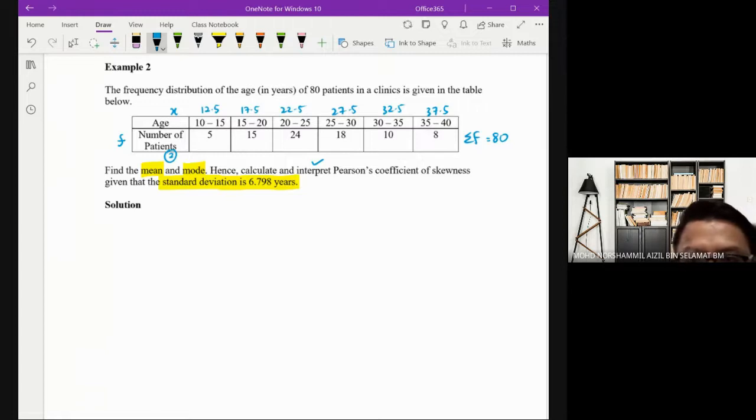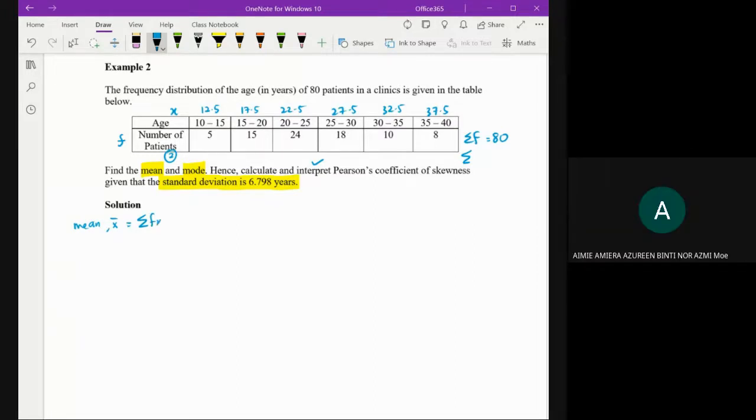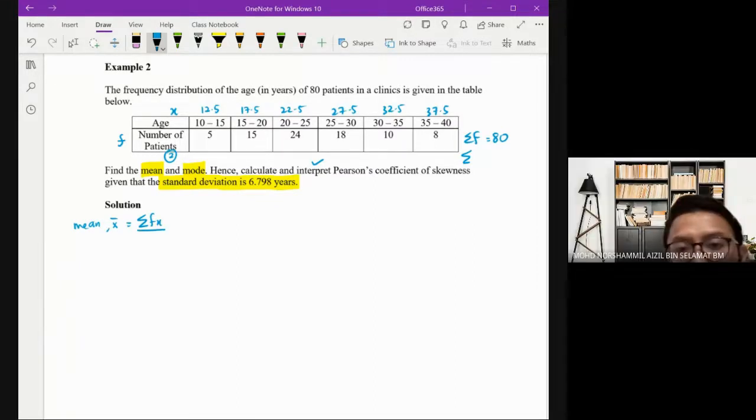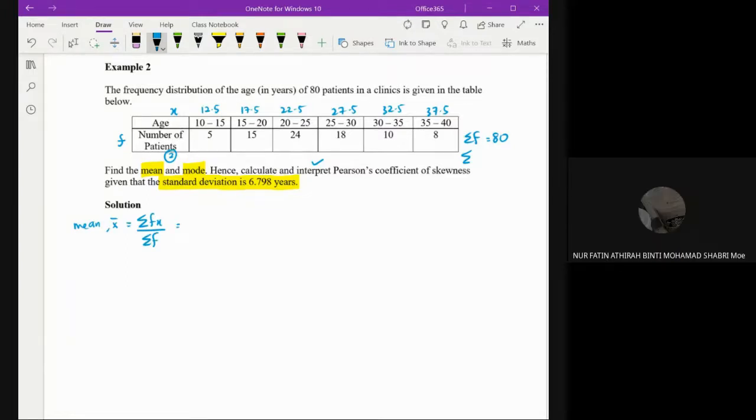Next. We want to find the mean, guys. So what does it mean? Mean is the sum of what? Sum fx. Be careful, not just sum x. Sum fx divided by sum f.